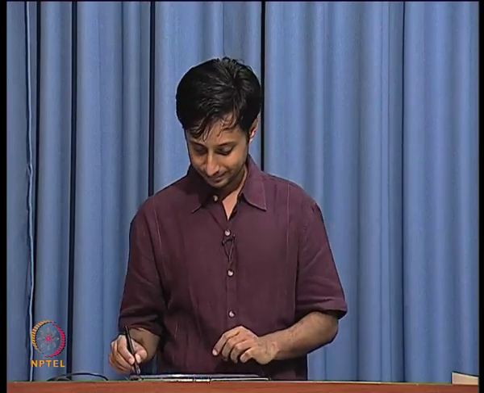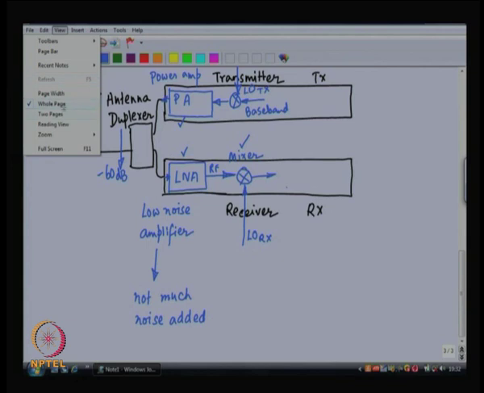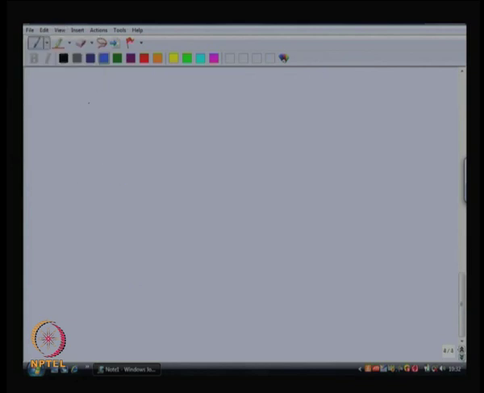So, let me say something like this. The base station frequency is 1 gigahertz, for example.